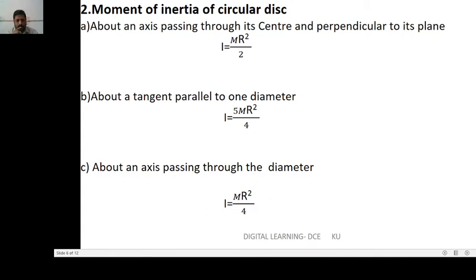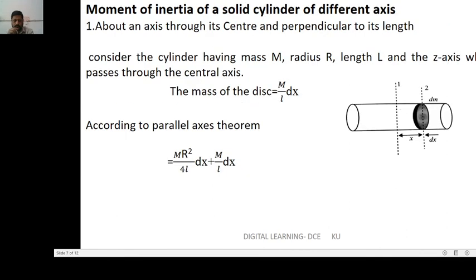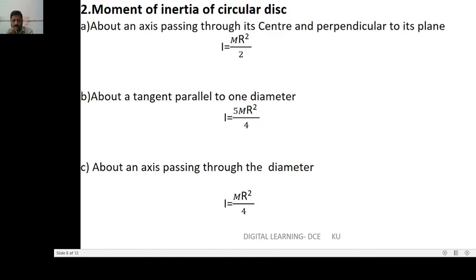Second one, the moment of inertia about a tangent parallel to one diameter, I equals 5 m r square divided by 4. Third, moment of inertia of circular disc about an axis passing through the diameter is given by the formula I equals m r square over 4, where m is mass of the body, r is radius of the circular plate.